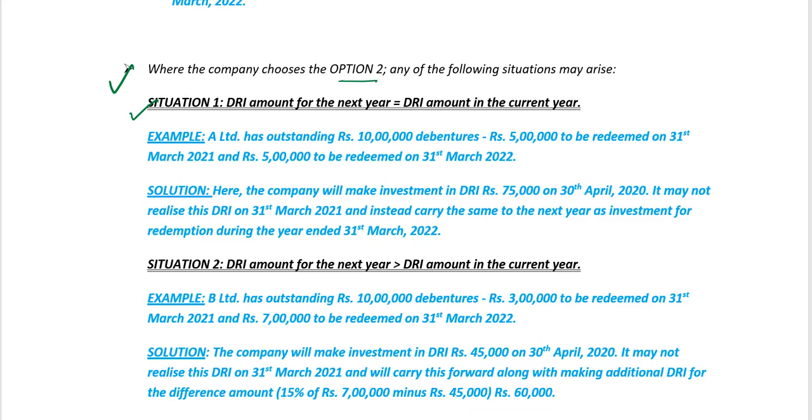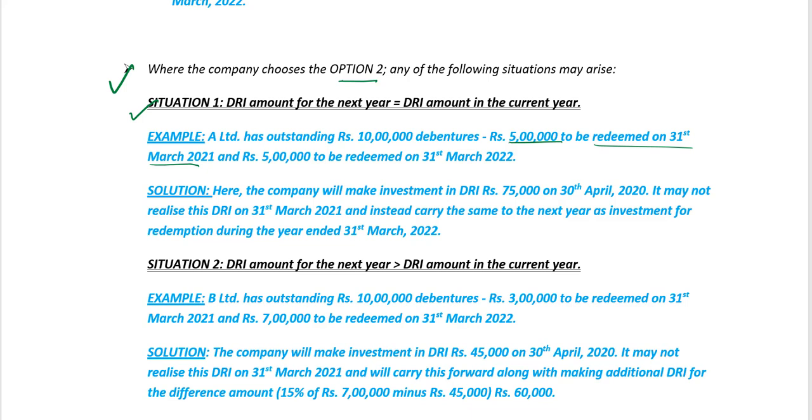Let's say A Limited has outstanding rupees 10 lakh debentures, rupees 5 lakh to be redeemed on 31st March 2021 and rupees 5 lakh to be redeemed on 31st March 2022. Now here the company will make an investment in DRI of rupees 75,000, which is 15% of the rupees 5 lakh to be redeemed on 31st March 2021.